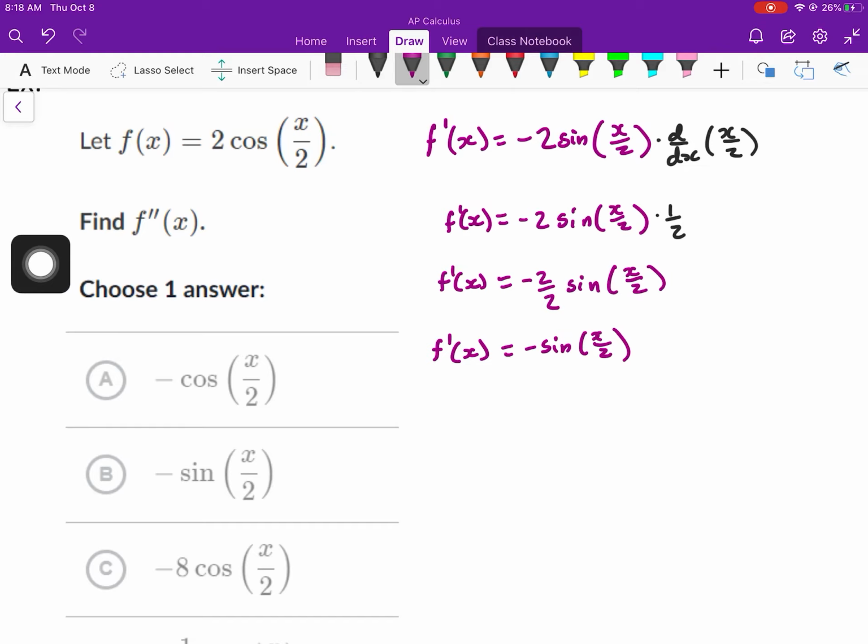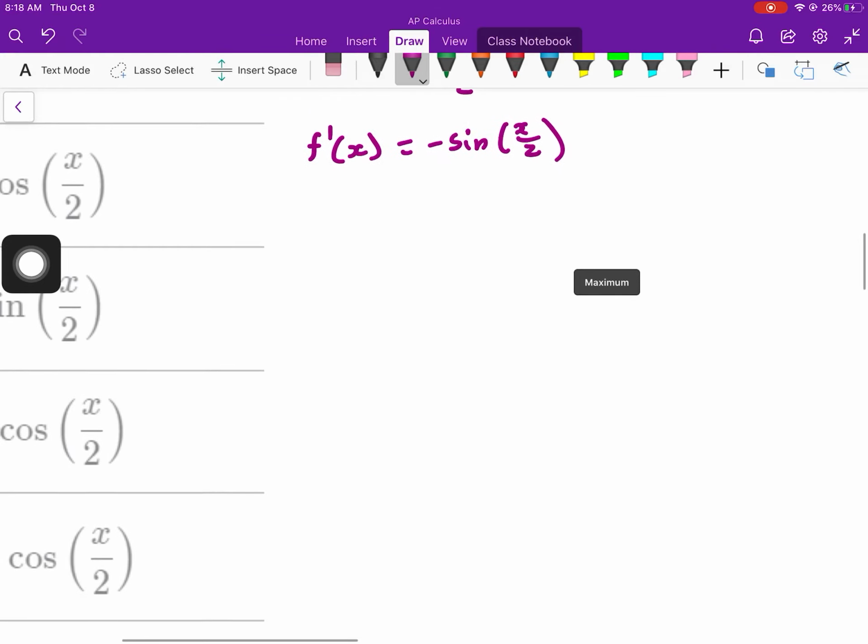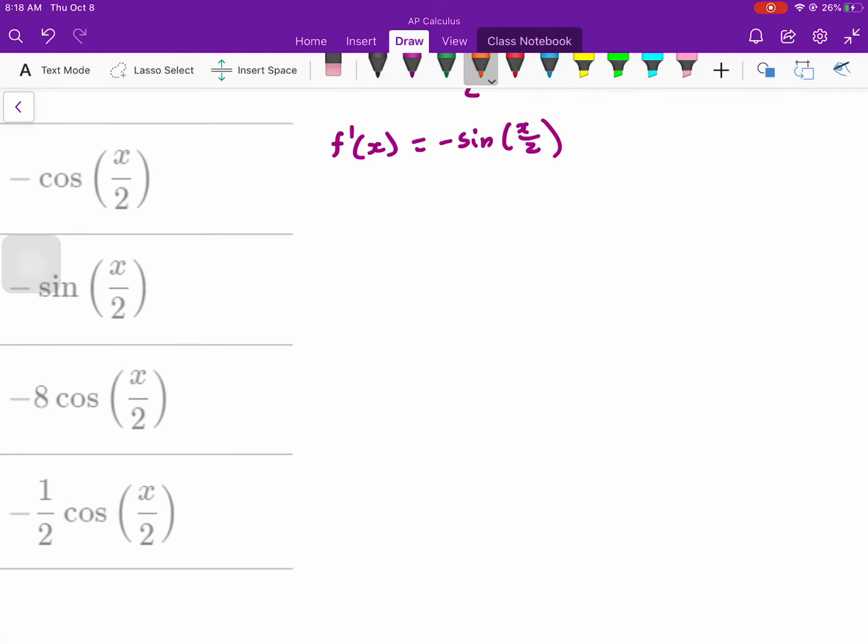But that's not what the question's asking for. It's asking for the second derivative. So now we're going to take the derivative of this function. So derivative of sine is just cosine, so we don't have to do the opposite there.